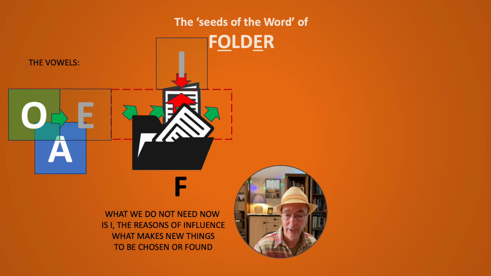E for folder will not be the dominant aspect. It will just be the open choice in O to take something out. It's the potential which is now more important. That's why the O is more important than, for instance, if we would choose the E as a first vowel.